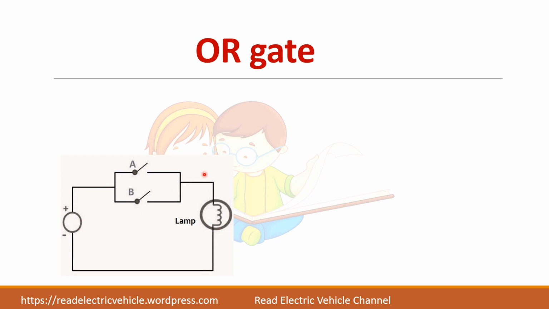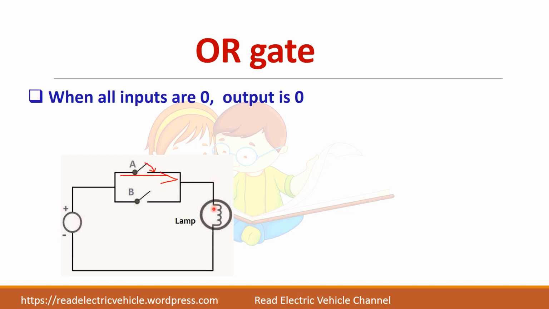That is, the current will flow in the circuit and the lamp will glow. Either A can be on or B can be on, or if both are on also, the lamp will glow. When both the switches are in off condition, the lamp will not glow.